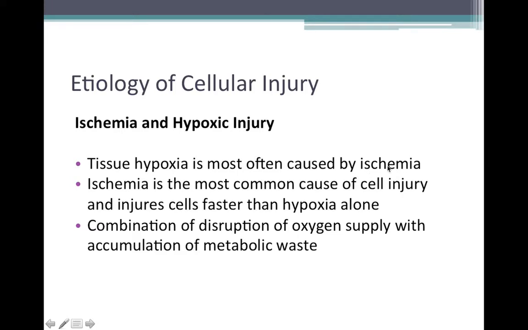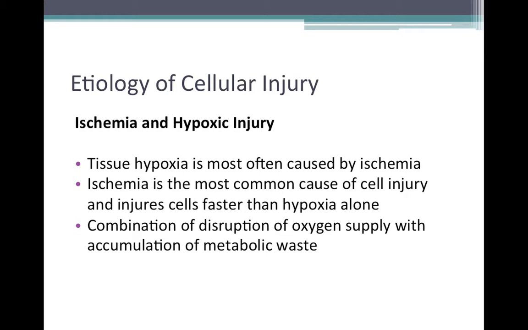So usually, if there's low oxygen levels in a tissue like blood, this is due to a decrease in blood flow, which is ischemia. However, there are certain forms of injury where hypoxia can be caused by something else. Not a lack of blood flow, but maybe inhibition of normal oxygen transporting mechanisms.